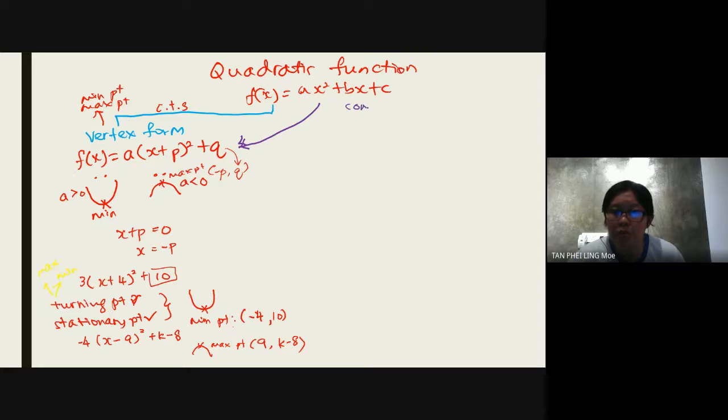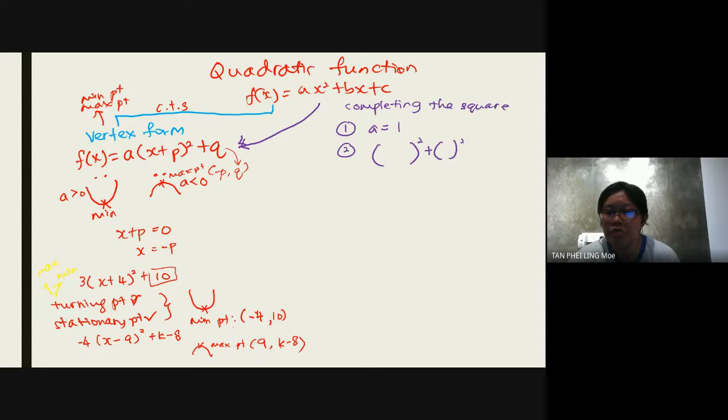So completing the square, how do you first start? Remember, the first step is that a must always be equal to 1. The second step is you change to a big bracket squared plus a small bracket squared plus c. Do you remember that? And then what is inside the big bracket squared?